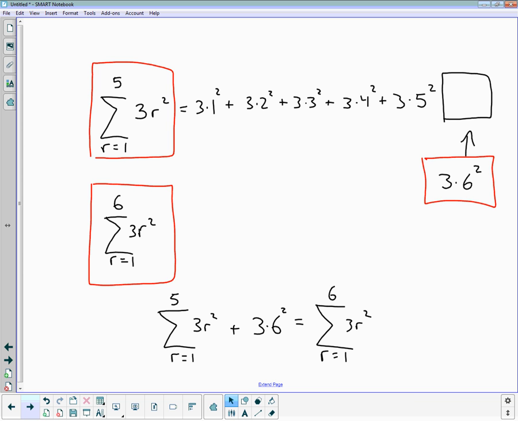So just by adding a term, the next term, I can change the upper bound of that sigma notation. Does that make sense? Okay.